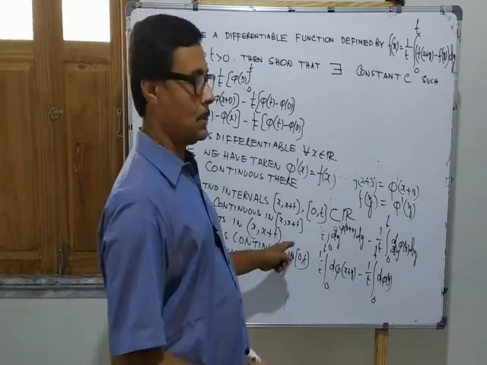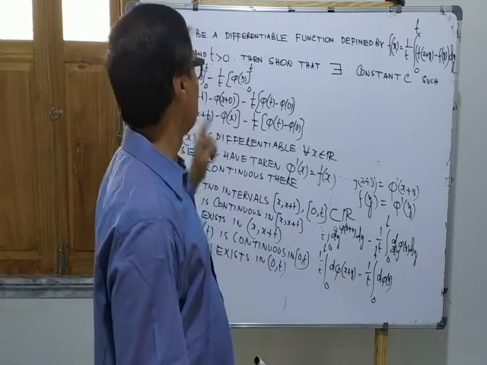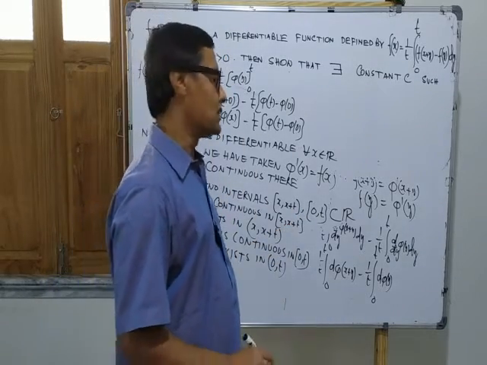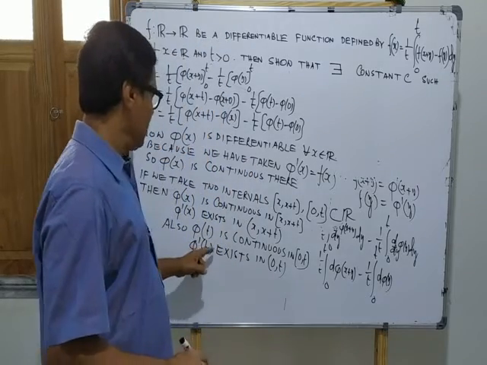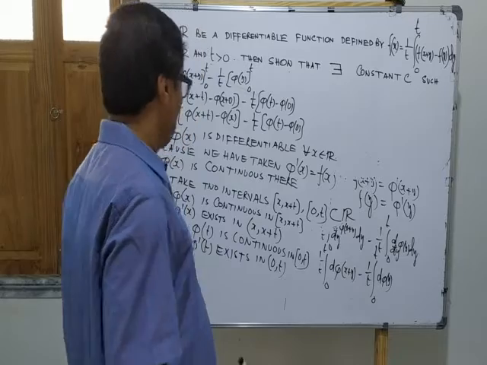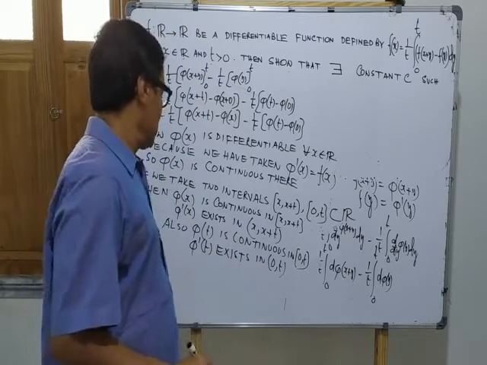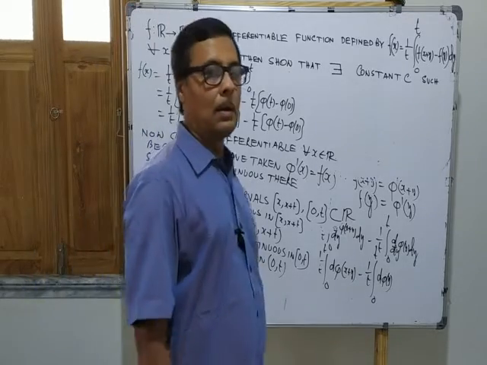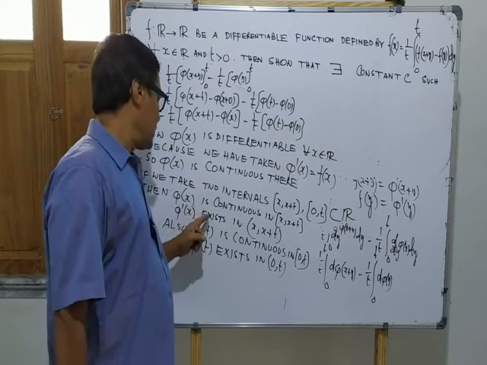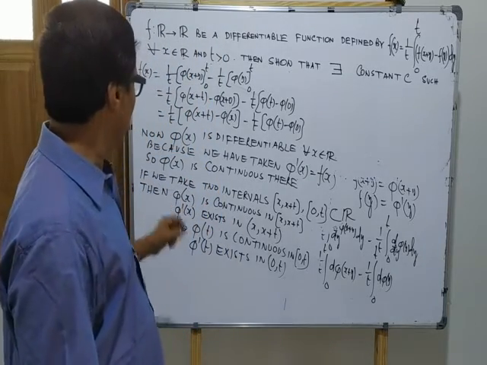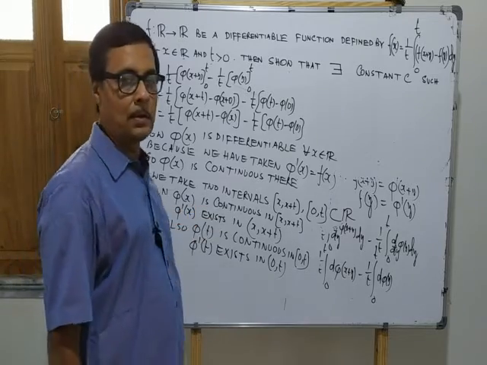Here t belongs to the set of real numbers, t is greater than 0, it is also a real number. So phi dot exists in the open interval 0 to t, so we can apply Lagrange mean value theorem on both functions phi x and phi t.